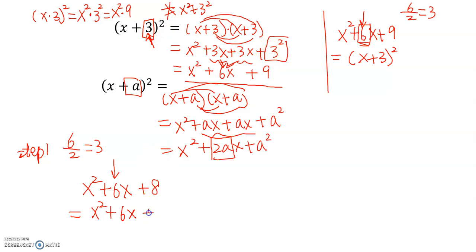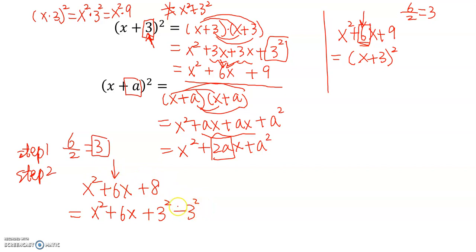Step 2: we're going to take this number we got and square it. I'm going to just write it as 3 squared. Actually, you can write 9 there, and immediately subtract it. The reason we're doing that is because we don't want to change this expression. If we add 3 squared, we add 9 to this, it will change the expression.